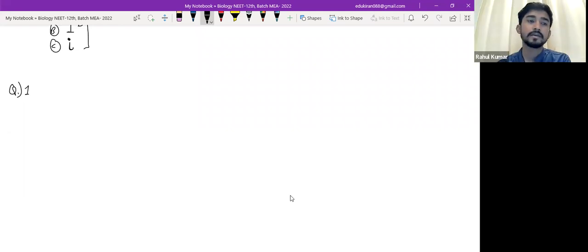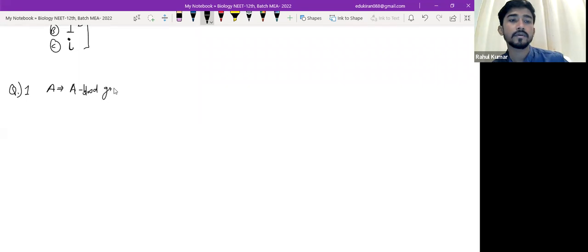Parent A has blood group A. Okay, I'm starting with one of the complicated ones.